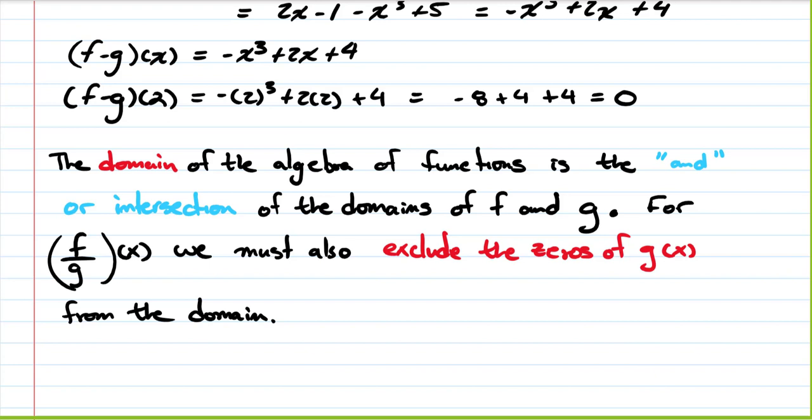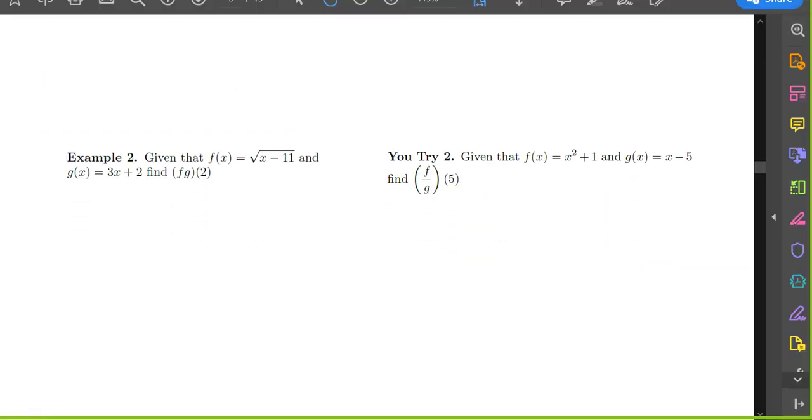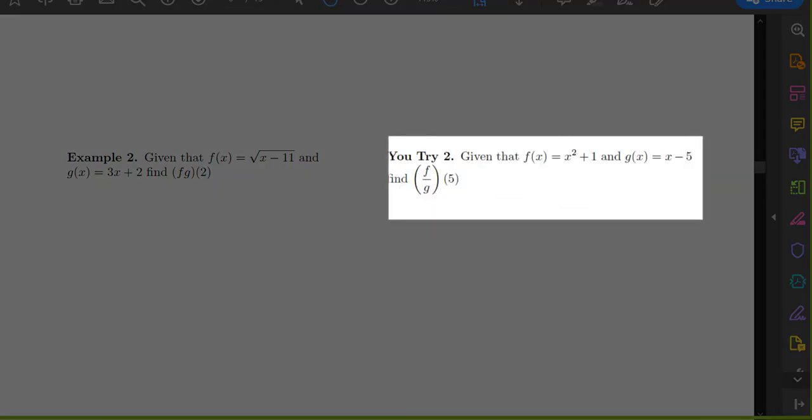All right, so now let's go ahead and take a look at our next example. In fact, I'm actually going to do You Try number 2.